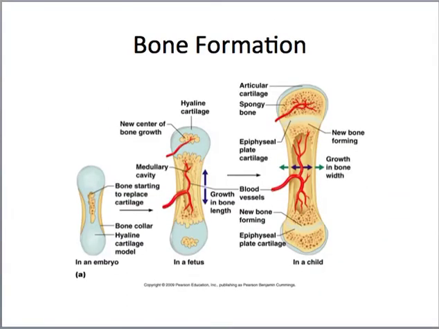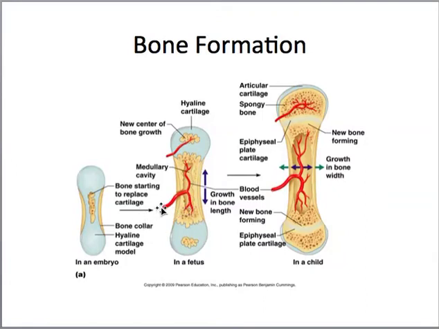Okay, what you're looking at here is just how bone is formed, and bone actually starts out as a cartilage model when you're in your mother's uterus, and what happens is that it's invaded by blood vessels that carry with it bone building cells. And these bone building cells do two things. They destroy the cartilage from the inside out after they build a bony collar around the model, and then they replace that cartilage with osseous tissue, with bone.